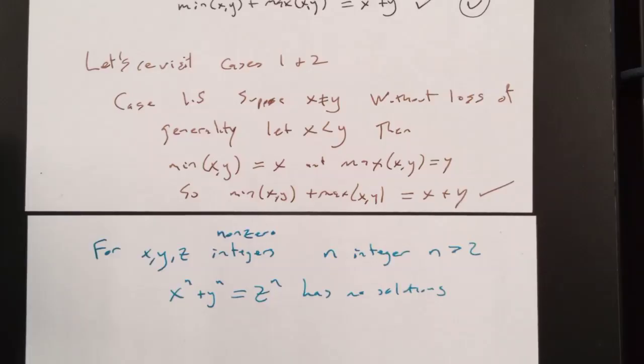Up until recently, this was a conjecture. This was written in the margin of a book called Discussions de Arithmetique, which I believe the original's in Greek, but it was translated in French, was owned by a guy by the name of Pierre de Fermat.